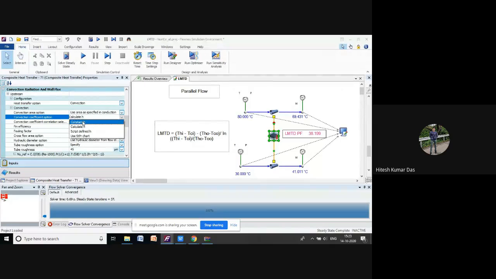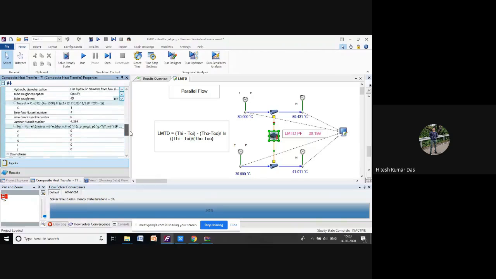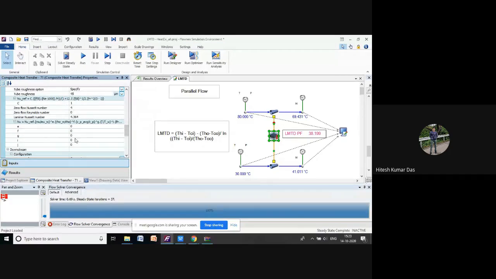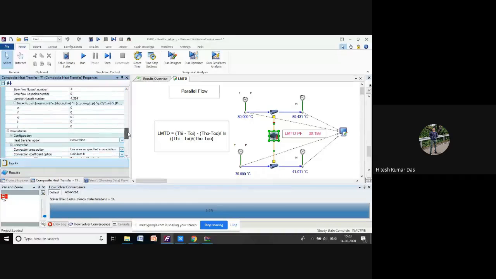If you click on constant h, and you have data related to the heat transfer coefficient, you can assign it here. Here we don't know the exact h, so we have assigned calculated h. Fin efficiency for the upstream is 1, meaning 100%, and all these inputs are default. We need not assign them here.